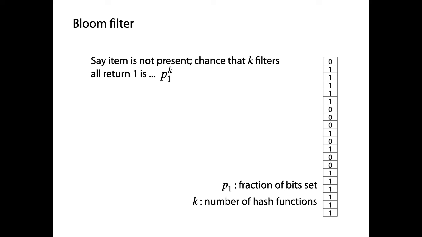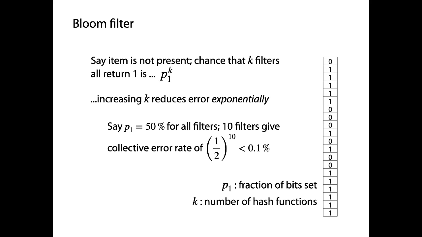So if we have control of k, that means we can take what initially might be a fraction like 1/2, for example, and drive that from 1/2 down to a very, very small fraction very quickly. So let's say that p sub 1 is 50% or 1/2, and we have 10 filters. So now the thing we have to put in the exponent is 10. So we have 1/2 to the 10th power.